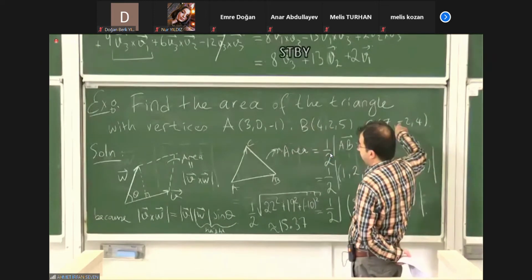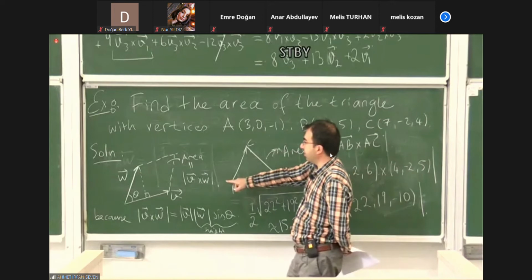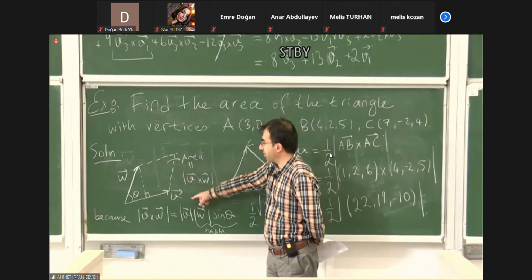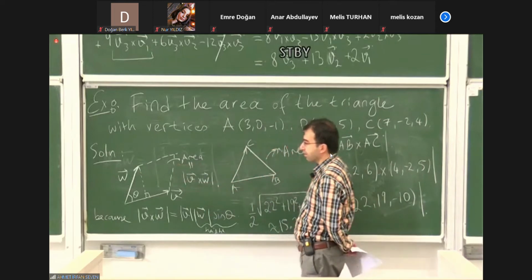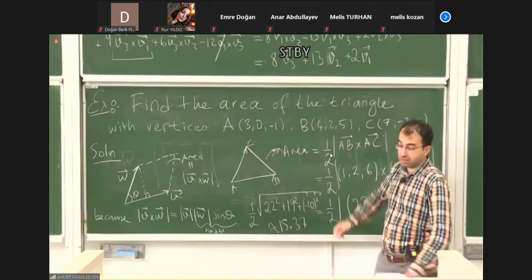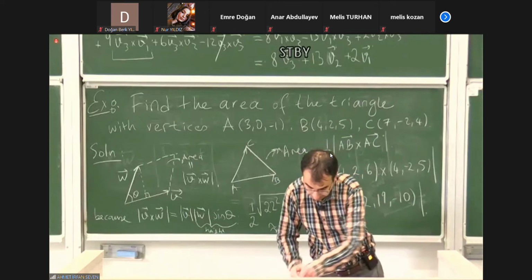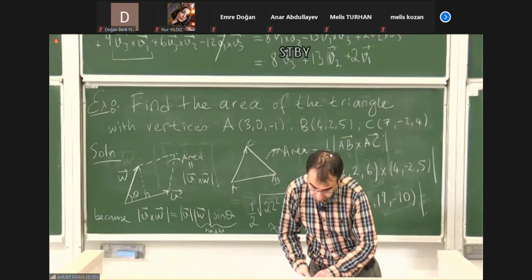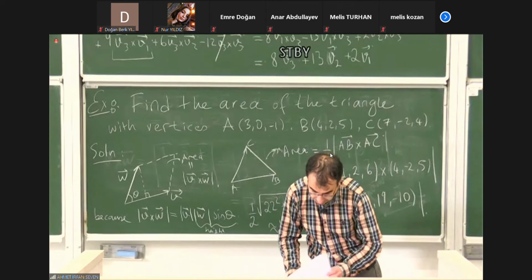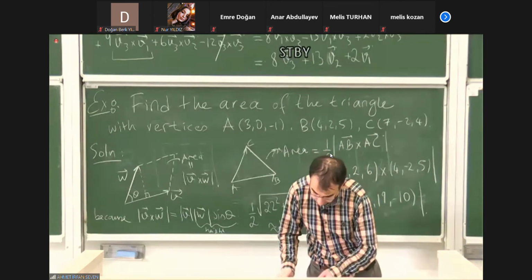The triangle is in space, doesn't matter, but we have this nice formula for the area of a parallelogram. It is just the cross product, so we don't need to compute sine or anything. This is one geometric application of cross product.